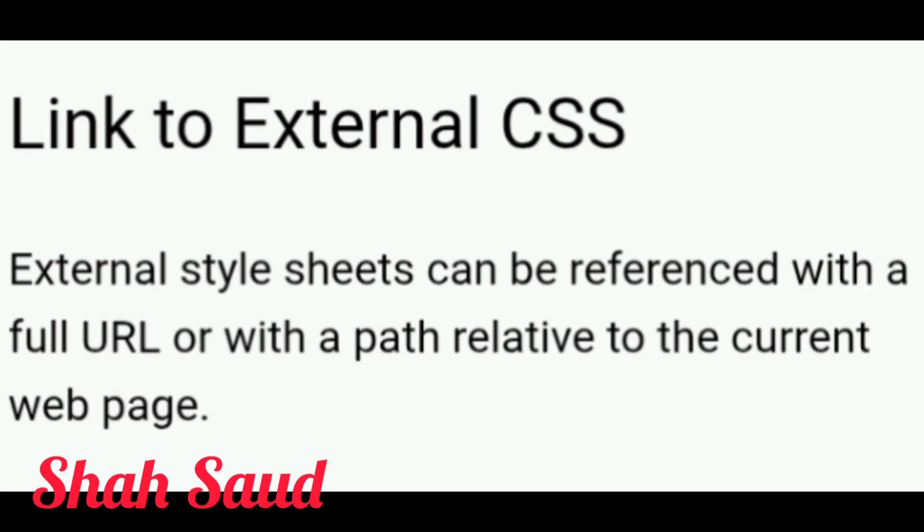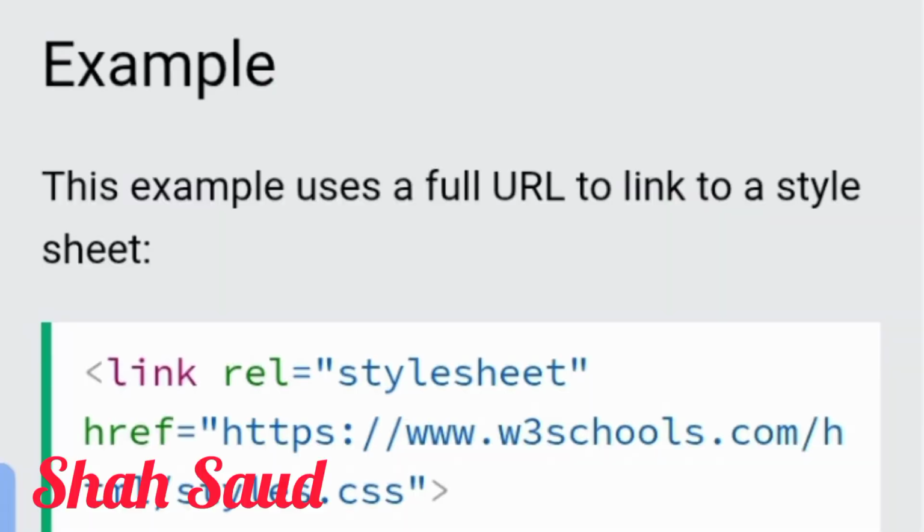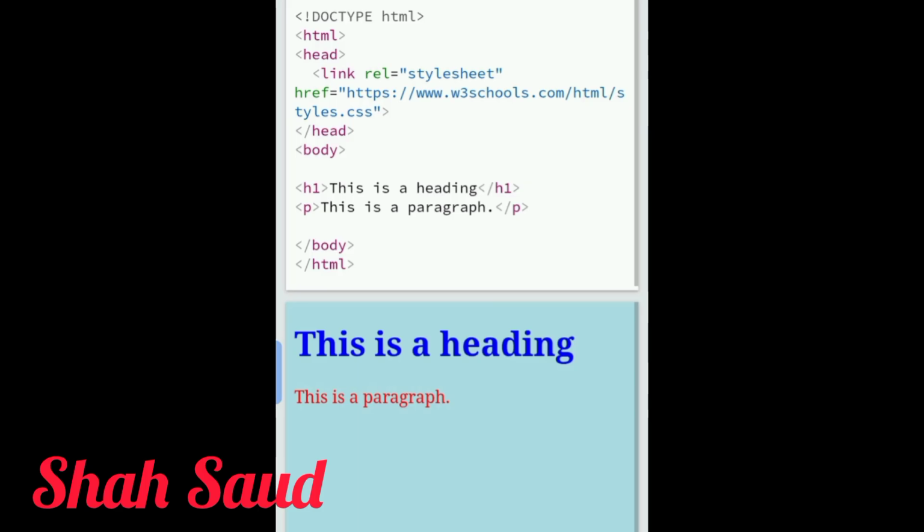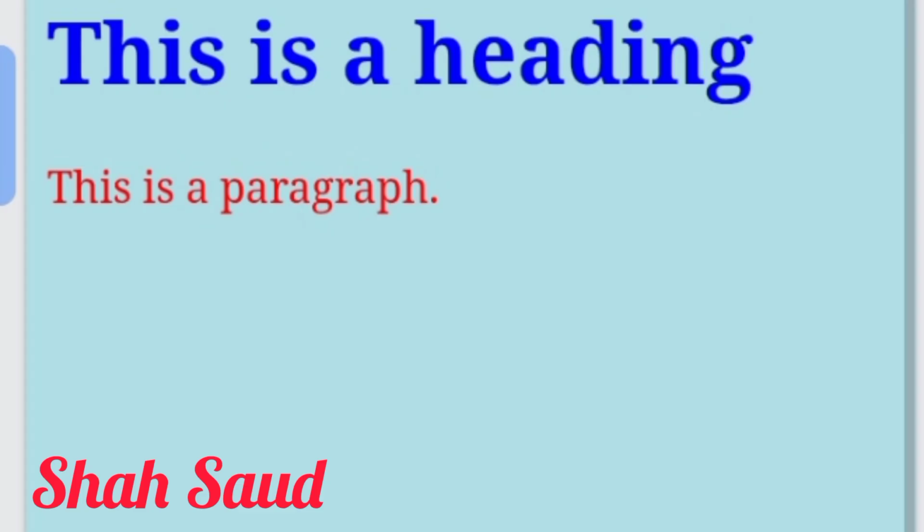And external CSS, that is external style sheets, can be referenced with a full URL or with a path relative to the current web page, and this is the type of coding that you can use. This is the full coding, and after applying it you will get this type of result.